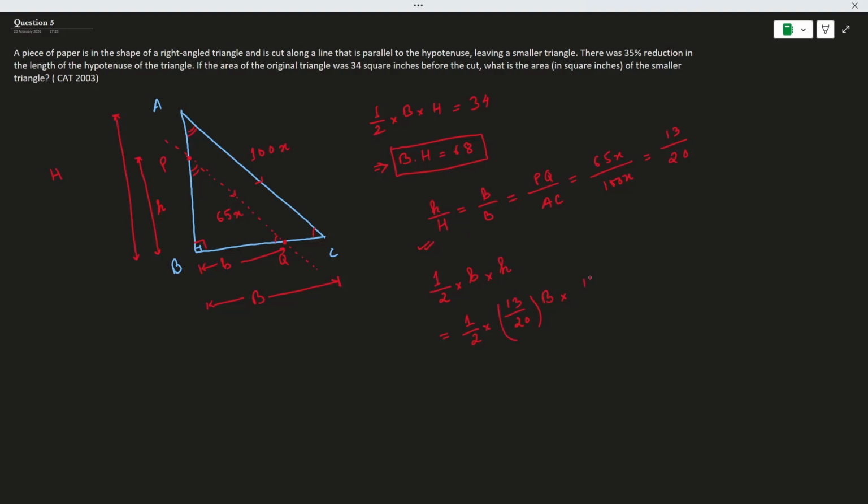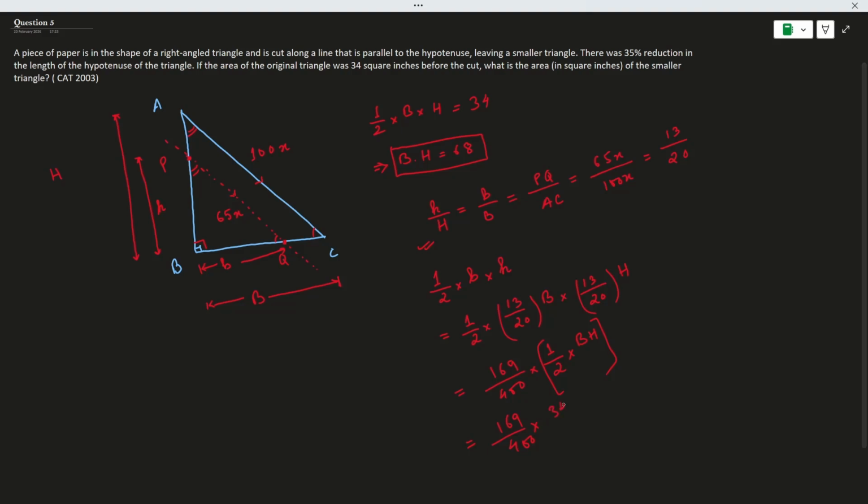Small h can be written as 13 by 20 times capital H. This can be written as 169 by 400 into 1 by 2 into base into height. And half into base into height is the area of the larger triangle.